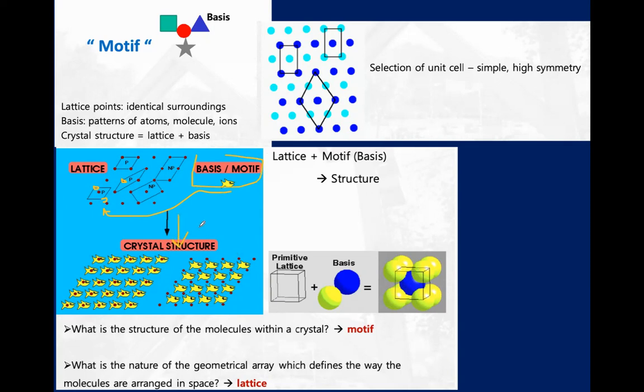So it's the same idea that we discussed. The primitive lattice means the unit cell, and when you put atoms over the lattice points, you get the crystal structure produced. Okay, so this is a three-dimensional arrangement.